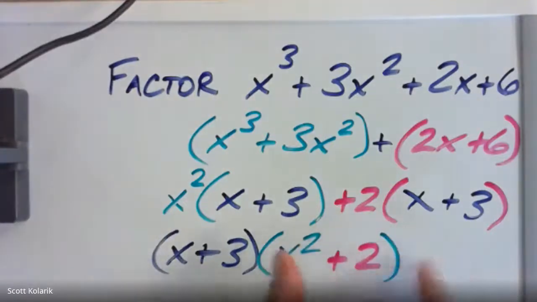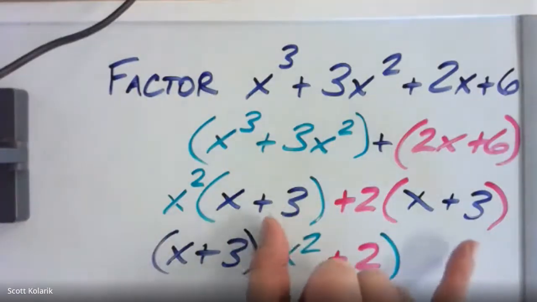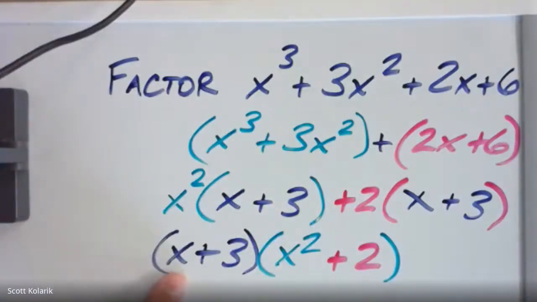And then by factoring out this parentheses out in front and multiplying it by whatever was left over, now this is technically a monomial. I have multiplication here between 2 objects, 2 parentheses. So really quickly, this would be my final answer.